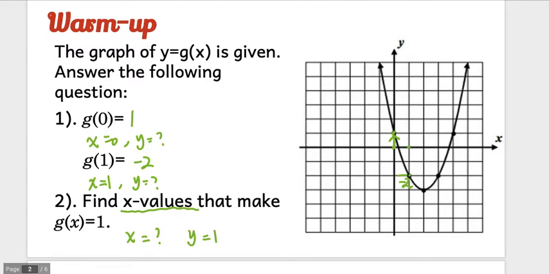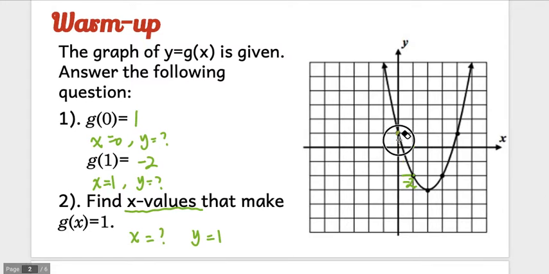To see this clearly, I'm going to erase whatever we have before to make it clear for you. Since y is 1, let's check 1 here. And to make it clear, when I draw a line here, all the values on this line have y equal to 1, because this is 1, this is 1, this is 1.